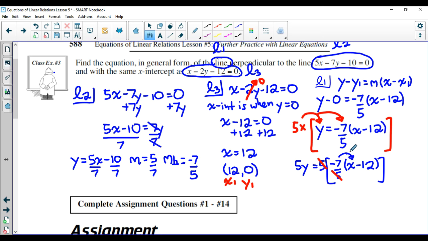Now all we have to do is, on the right-hand side, use the distributive property. We'll multiply that negative 7 by x and that negative 7 by 12. So this will turn into 5y equal to negative 7 times x, which is negative 7x. Negative 7 times negative 12 would be positive 84.